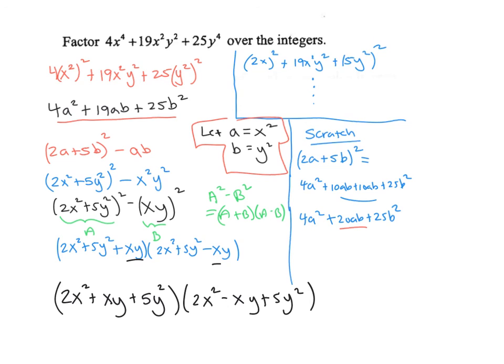And I am pretty confident I'm done because any further factoring here would not be over the integers, because this is a quadratic in two variables, but 2 and 5 are not perfect squares. So I am pretty confident this is as far as I can go over the integers.